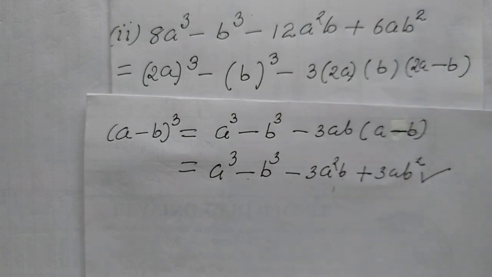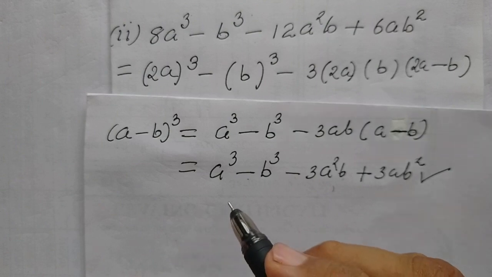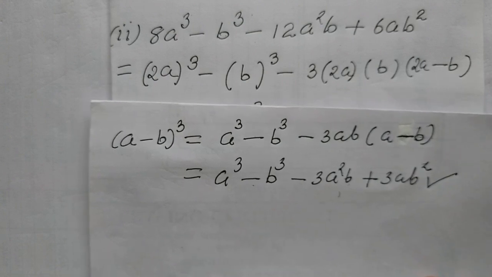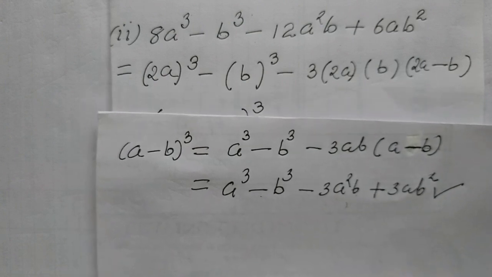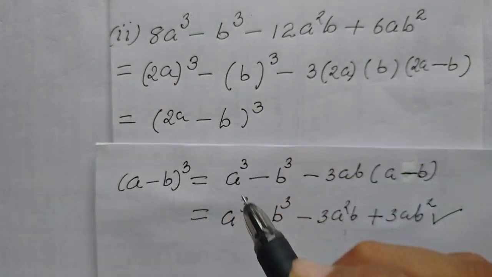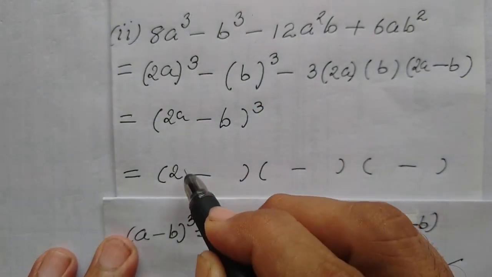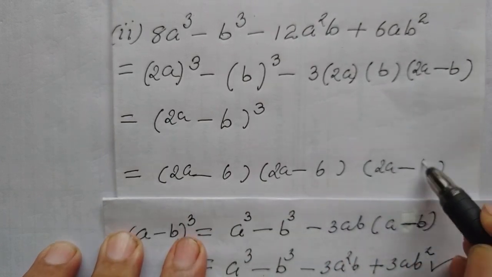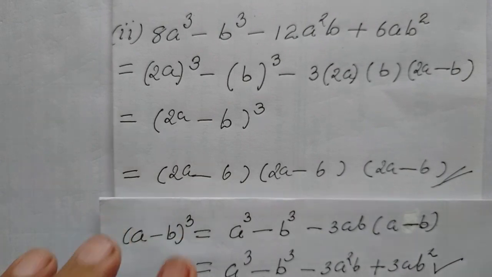You can compare, children, this question with the previous sum. Only sign changes are there, and by that way we want to learn this. Important point is sign. So now children, 2a we write here, b write here, and it is 3 times we write down. This is your answer, children.